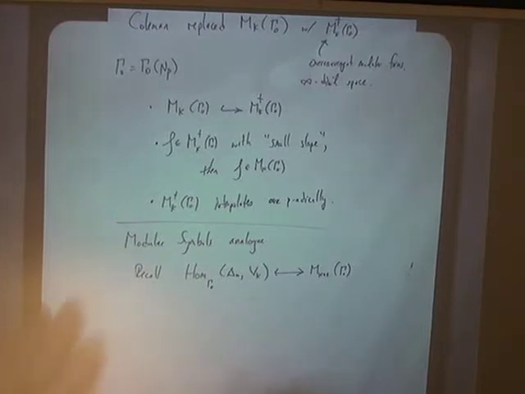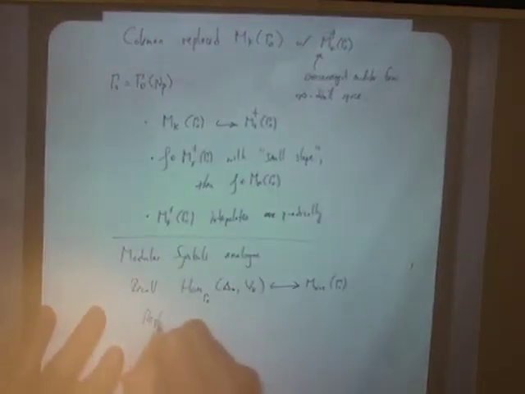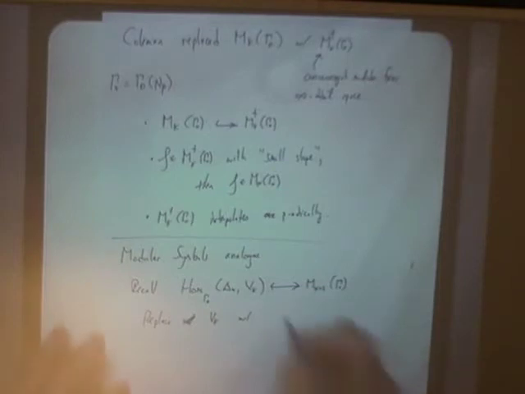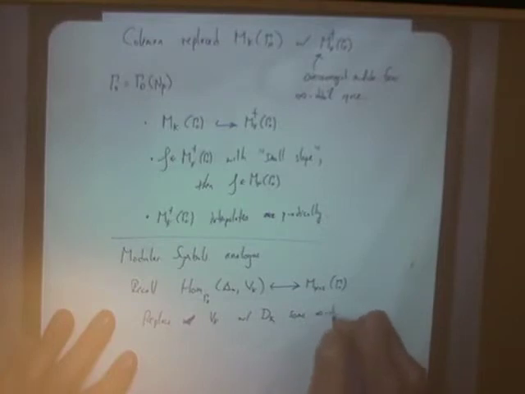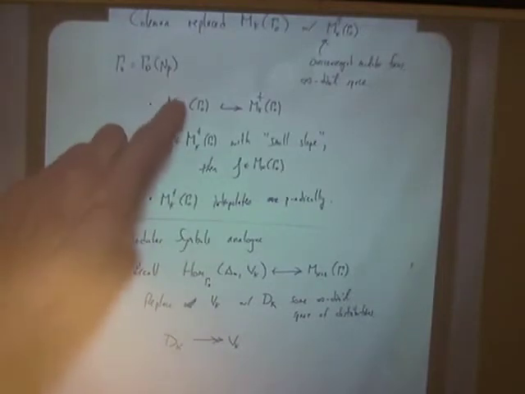And we will, following Coleman's lead, replace V_k with D_k, some infinite dimensional space of distributions. And D_k admits a surjective map to V_k. That's going to be the analog of this one here.